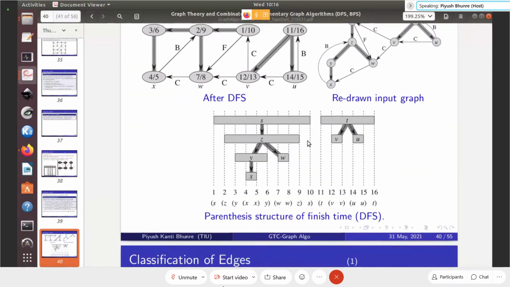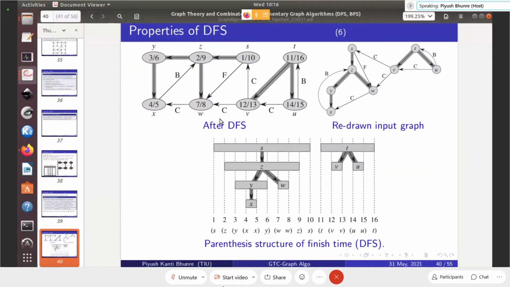So here we have taken another graph, a directed graph, that we call DFS at S, and another call would be at T. So in fact, there will be two such calls. If we just redraw the DFS forest for these two parts discovered by the DFS algorithm, the corresponding start times and finish times are written.